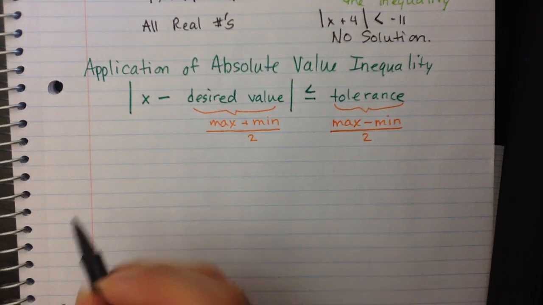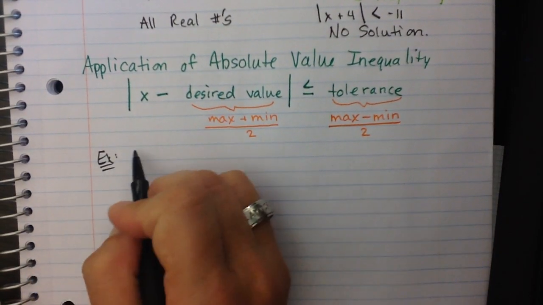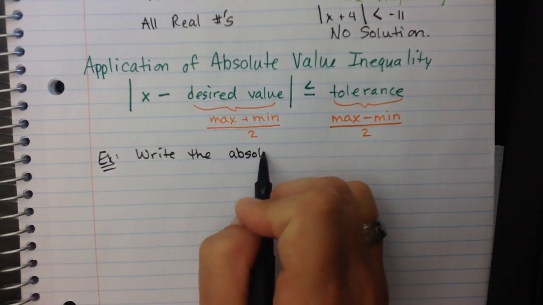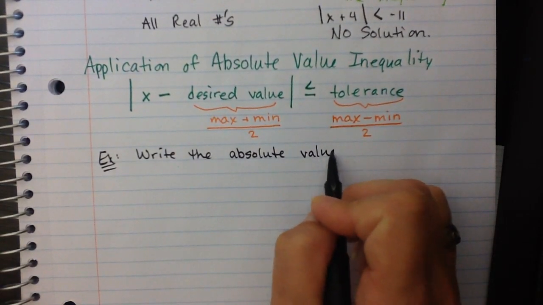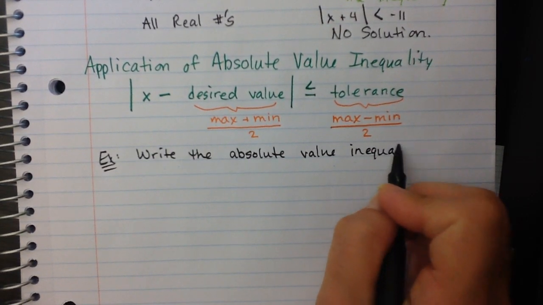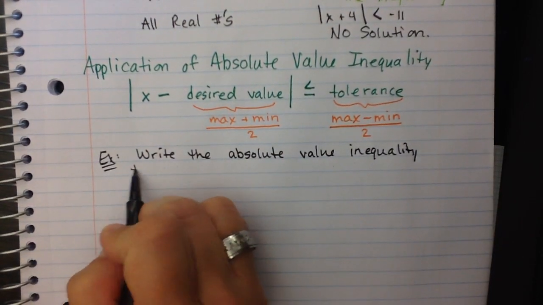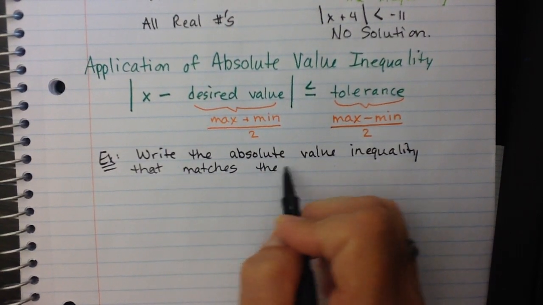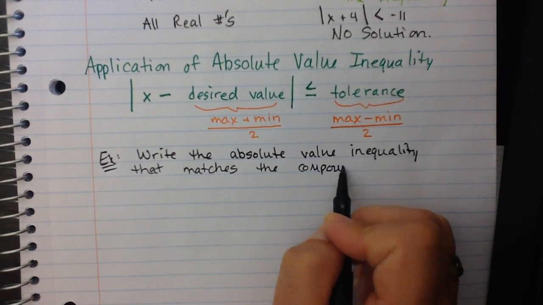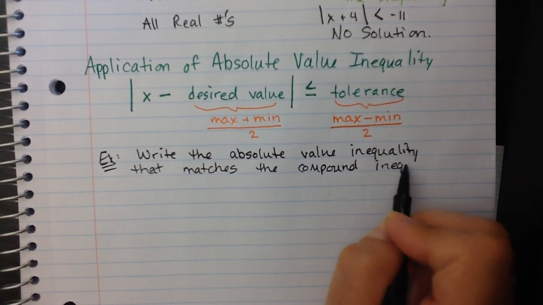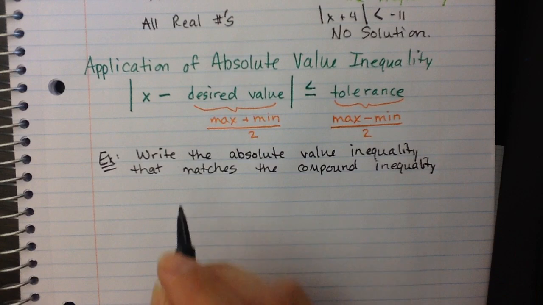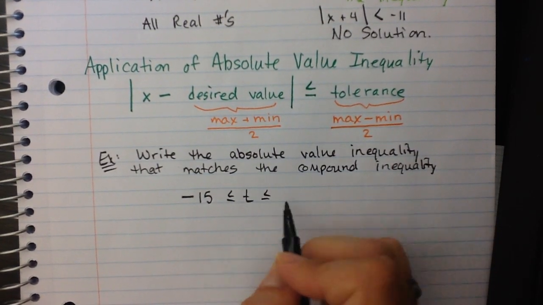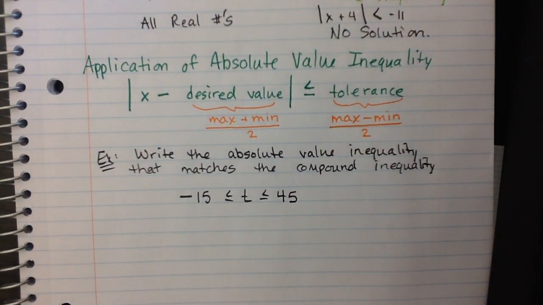Okay, so here's an example. And what we're going to do is write the absolute value inequality that matches the compound inequality -15 is less than or equal to t, which is less than or equal to 45.